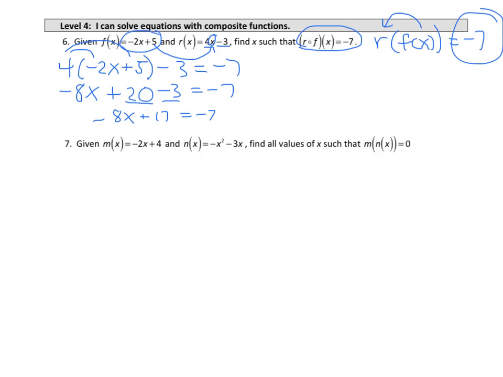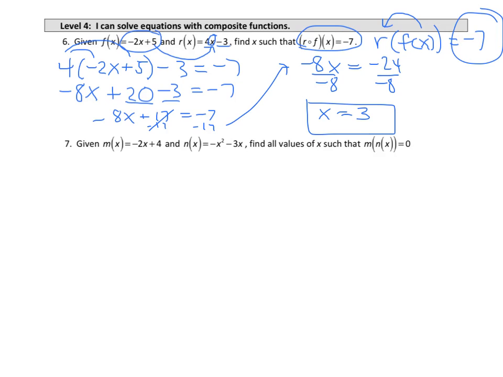Then we would subtract 17 from both sides, and we get -8x equals -24. Divide both sides by -8, and we get x equals 3. And that would be our final answer.